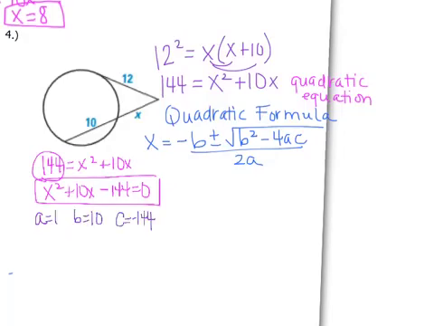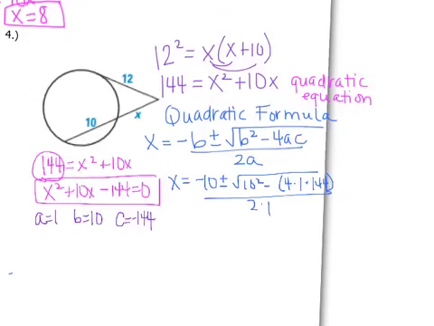Hopefully this is coming back from Algebra 1 a little bit. So at this point, I'm going to take my values of a, b, and c, plug them into the quadratic equation. And then it's just a matter of simplifying.